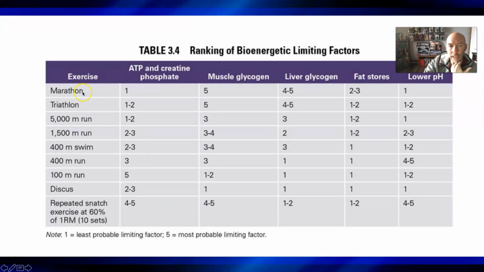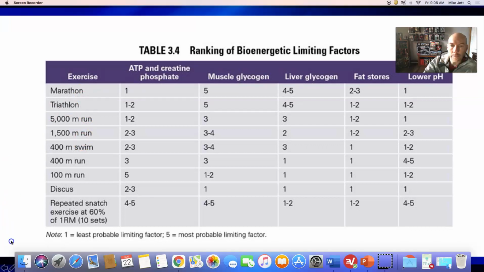So if we look at these different activities, for example the 400-meter run, what this is telling us is the least probable limiting factor is our stored carbohydrate or fat, because the event doesn't last long enough for us to deplete our fuel sources. Therefore, the reduced pH resulting from the lactic acid production is going to be the limiting factor.